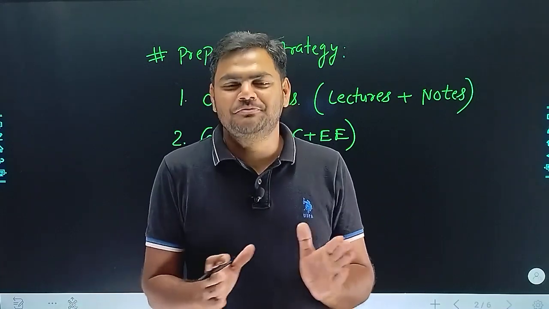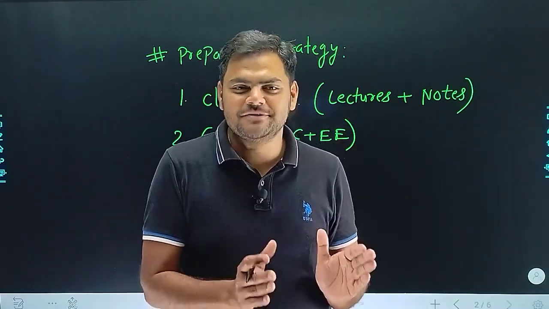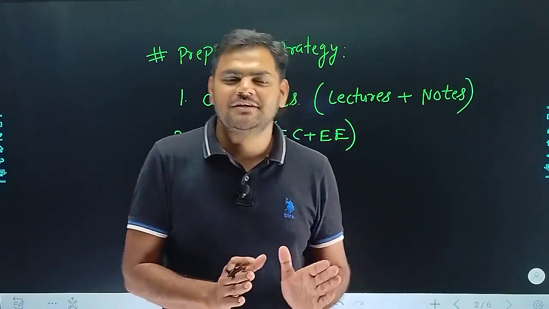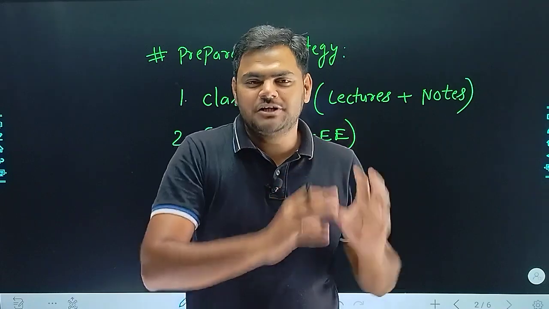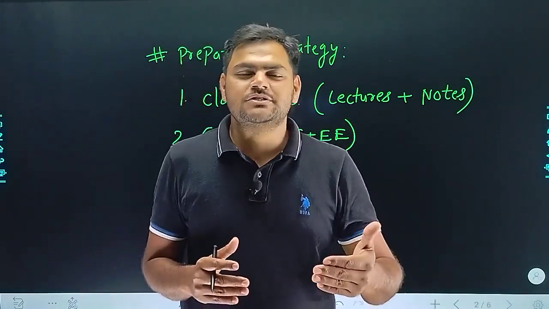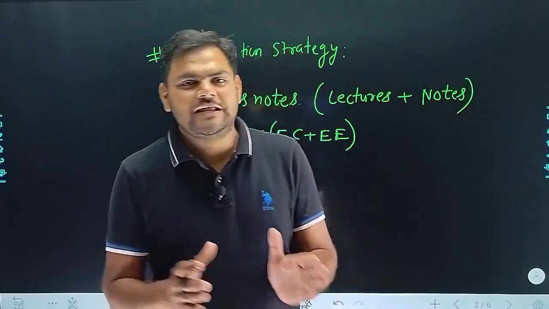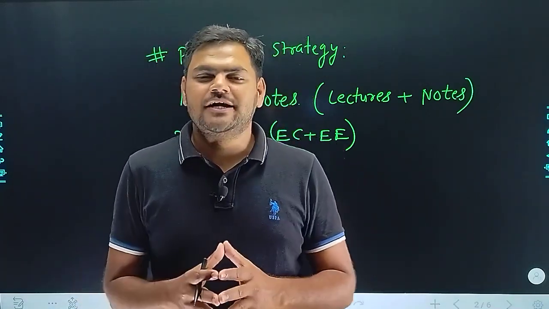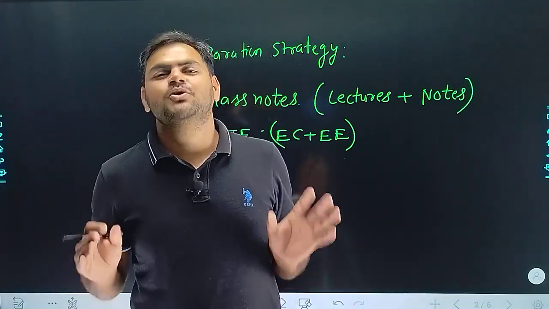But EE students must take care, because not all sections of the electronics syllabus are part of the EE syllabus, which means electronics has more syllabus, more chapters, but EE has less. So while solving the electronics paper, EE students have to take care of whether the topic is part of their syllabus or not.